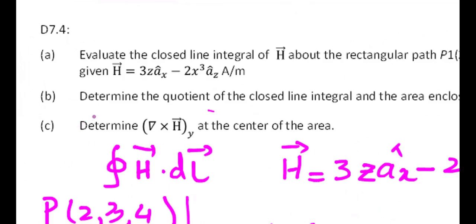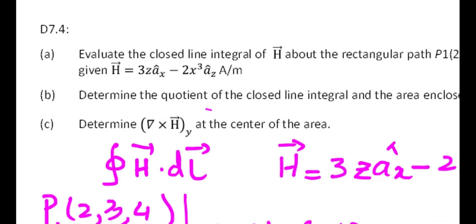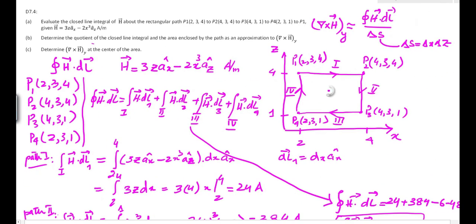Now in the third part it is saying that we have to find the del cross H at the center of the area. It means you have to find the curl of the magnetic field intensity at the center point.